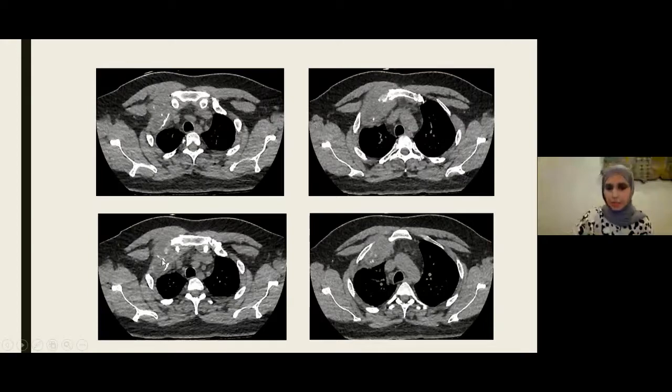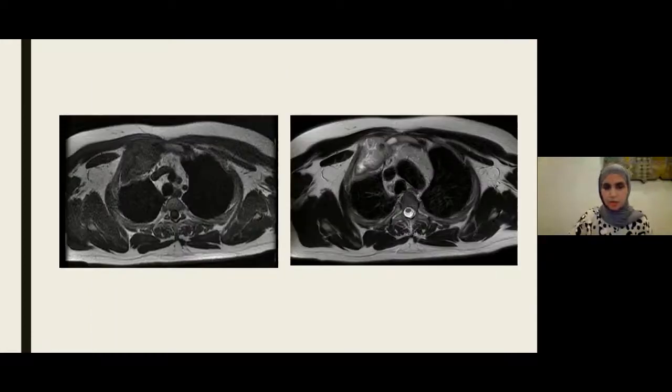This collection shows a relatively low central area. We did an MRI for this patient, and this image shows the mass. T1 shows a mass with signal intensity iso-intense to the muscle.